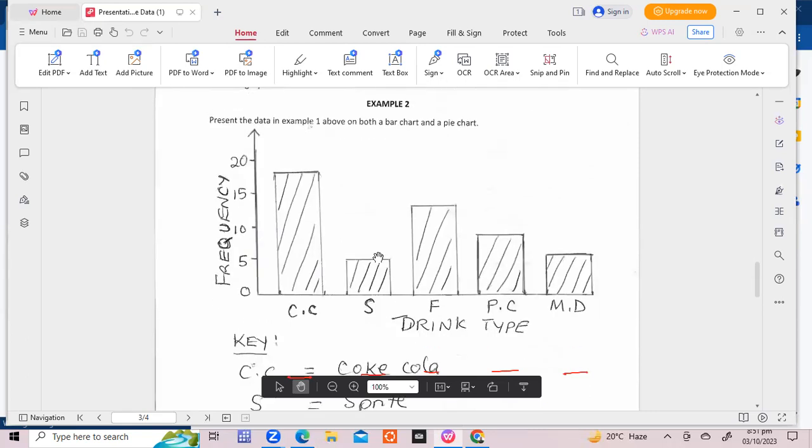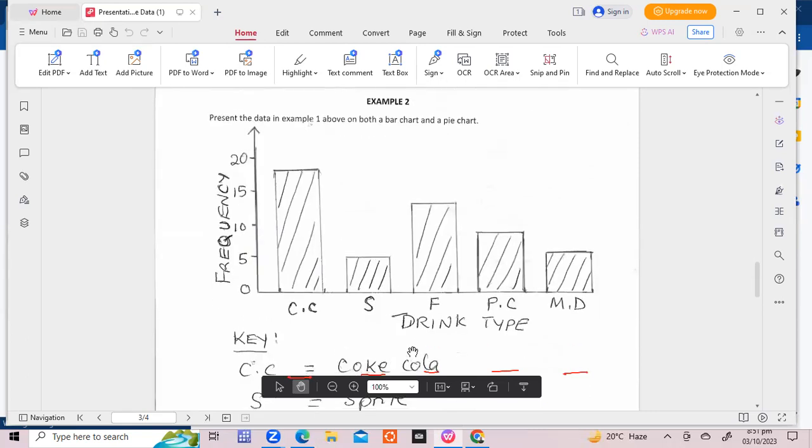Okay, so a bar chart is used for qualitative data when the data is given in categories. The histogram is used for quantitative data. The bar chart is used for qualitative data.